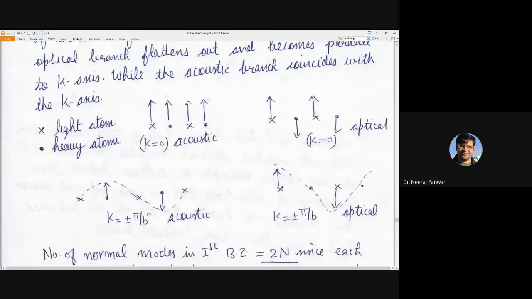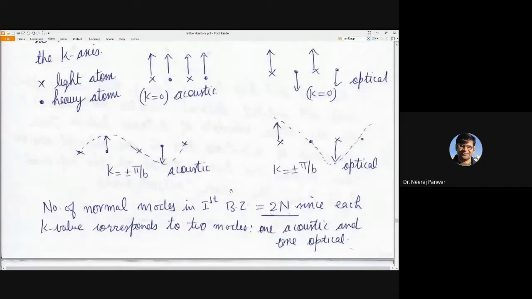Near the zone boundary for the acoustic branch, the lighter atom will not move, so you can see the cross remains at its position. Only the heavier atoms are moving because the frequency is 2 under root k bar divided by capital M. So the lighter atoms or ions do not move, only the heavier ions move. And for the optical branch, it is the lighter atoms that vibrate, the heavier atoms will not move.